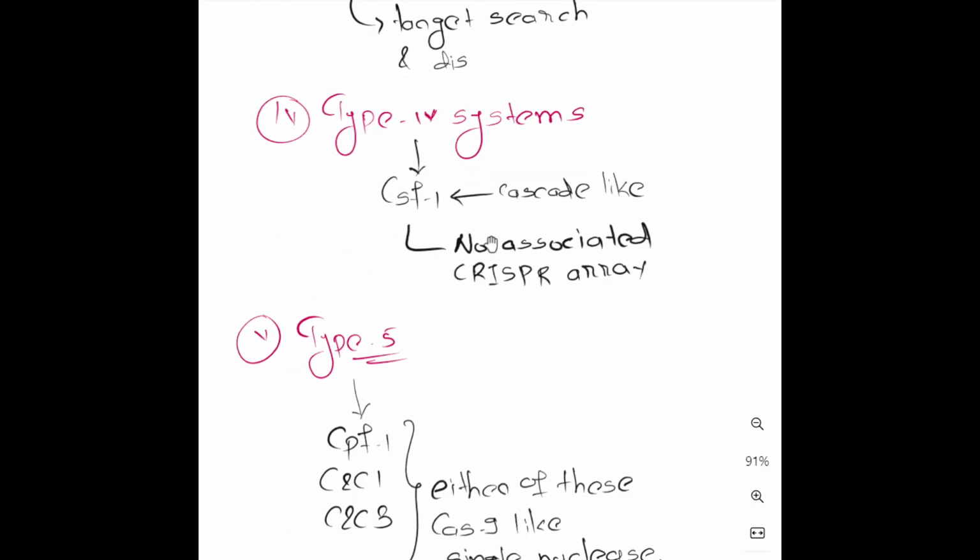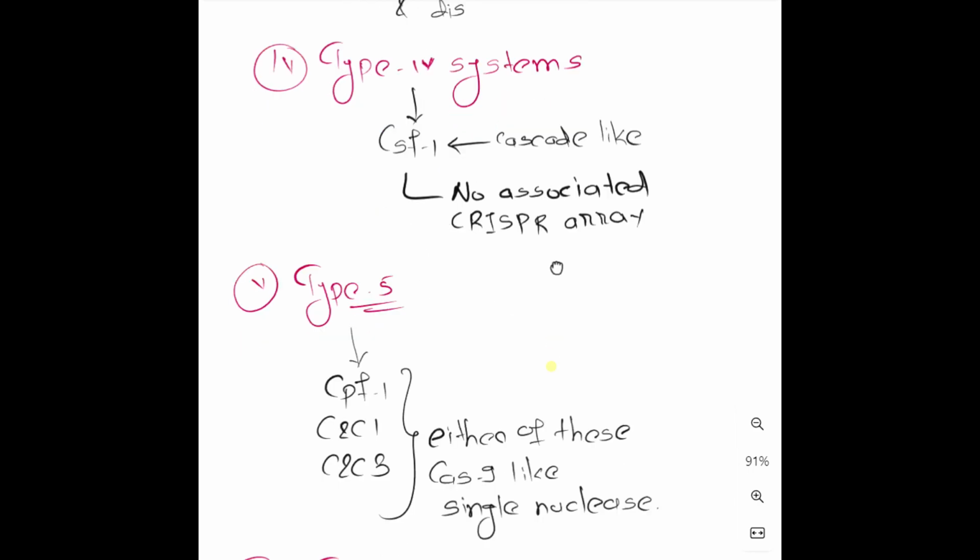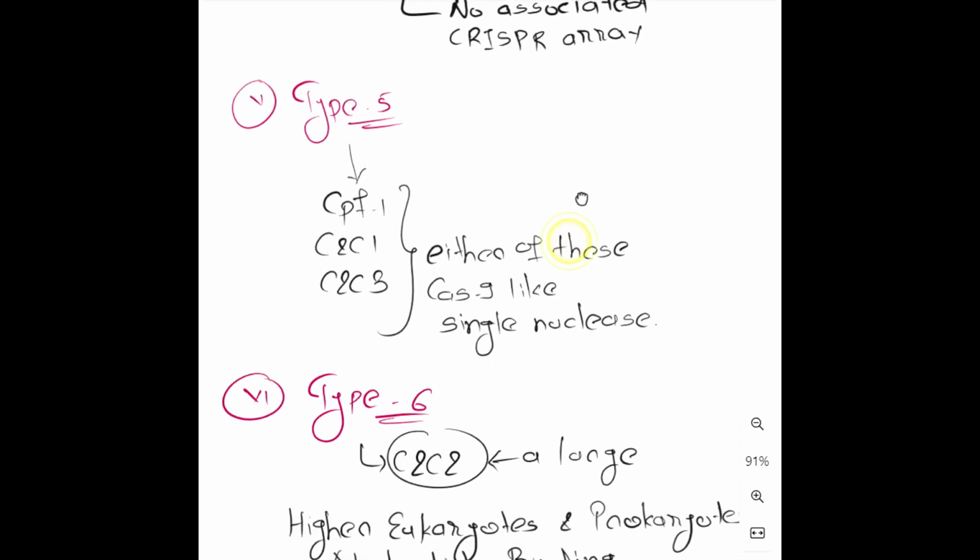Type 4 system has a protein called CSF1, which is an uncharacterized protein proposed to form part of cascade-like complexes. Type 5 system also contains Cas9-like single nucleases, either Cpf1, C2c1, or C2c3, depending upon the subtype.